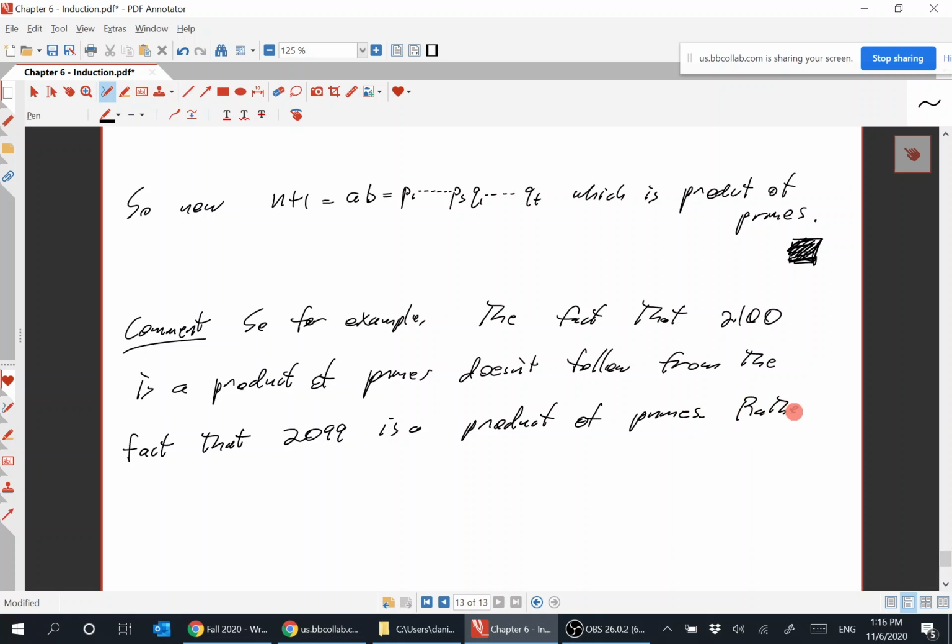Rather, it follows from the facts that 70 and 30 are products of primes.